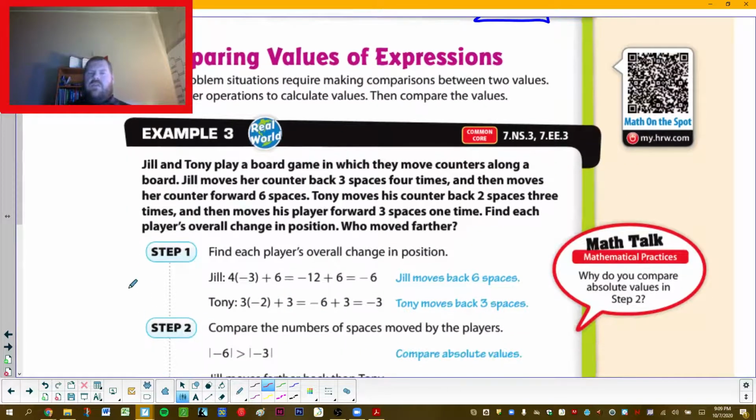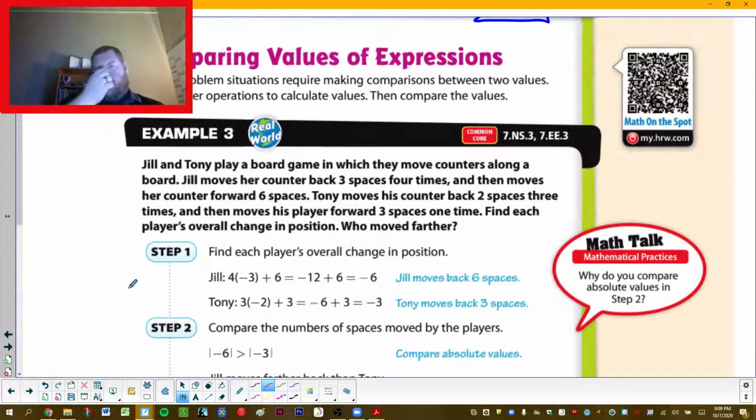The last thing we'll look at is how to compare values of expressions, so we can tell which one has more money, which one owes the least amount of money, any of those kinds of responses. So in this last example, we have Jill and Tony that play a board game in which they move counters along a board.